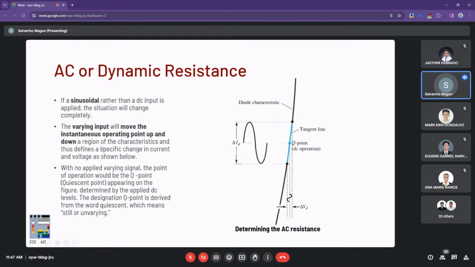So varying the input will move the instantaneous operating point up and down the region of characteristics, and thus define a specific change in current and voltage as described here.